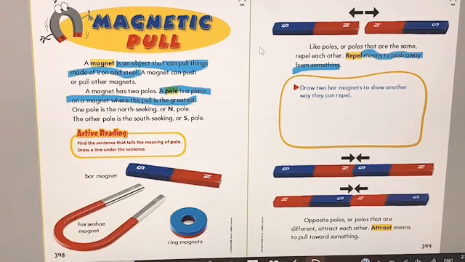Now, in your book, they showed you the North Poles, when they face together, they are repelling. Over here, can you draw two bar magnets to show another way that they can repel? Yes, definitely. Let's draw it together. So first, I'm gonna draw a bar over here. And another bar facing it over here.